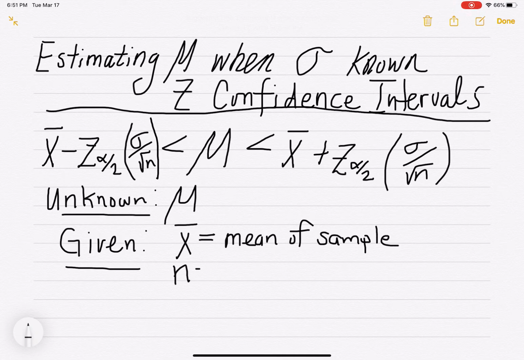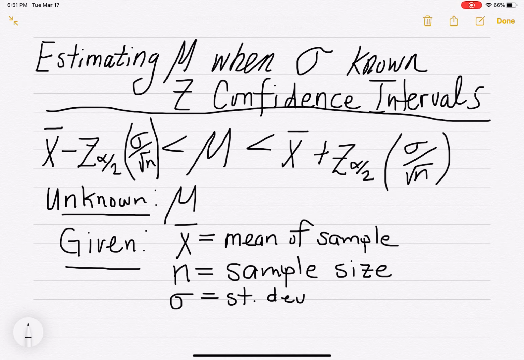N is going to be the size of the sample, or the sample size. That's how big your sample is. You're going to have sigma. This is going to be your population standard deviation, or standard deviation of the population. This will be given.